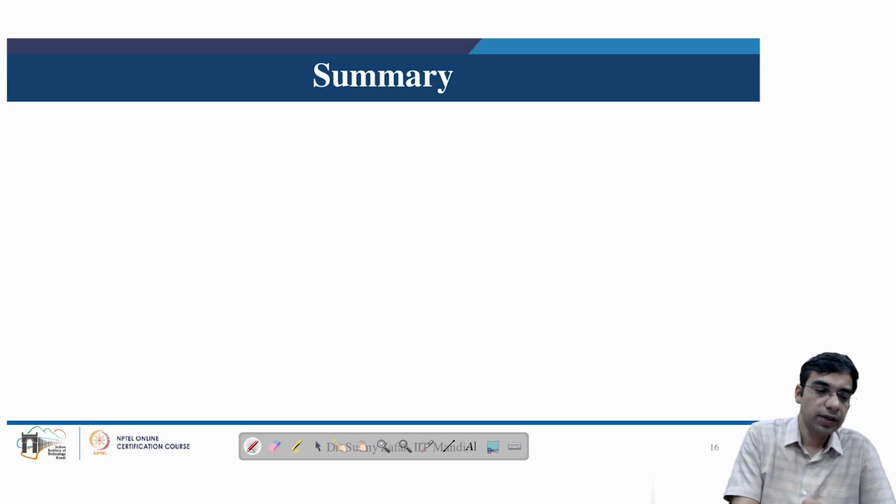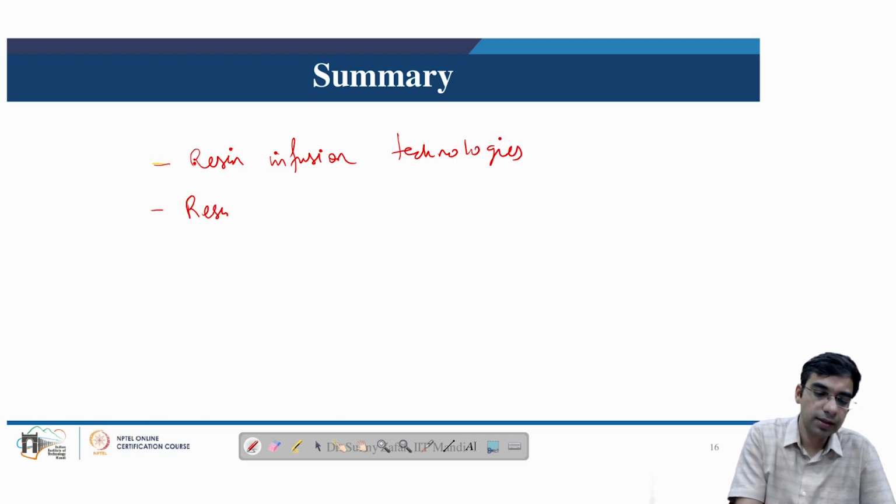So with this, we will look at the summary of this lesson. In this lesson, we have looked primarily at the resin infusion technologies. In the resin infusion technologies, we have looked at various technologies. Then we have in detail looked at the resin transfer molding process.